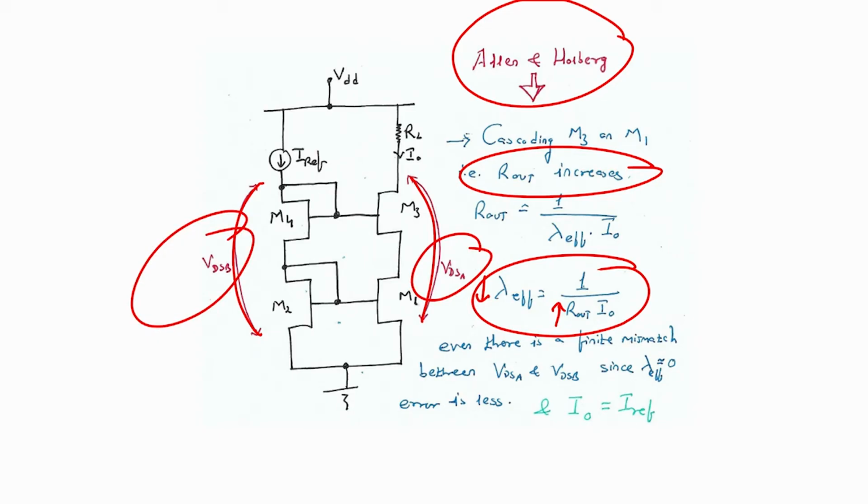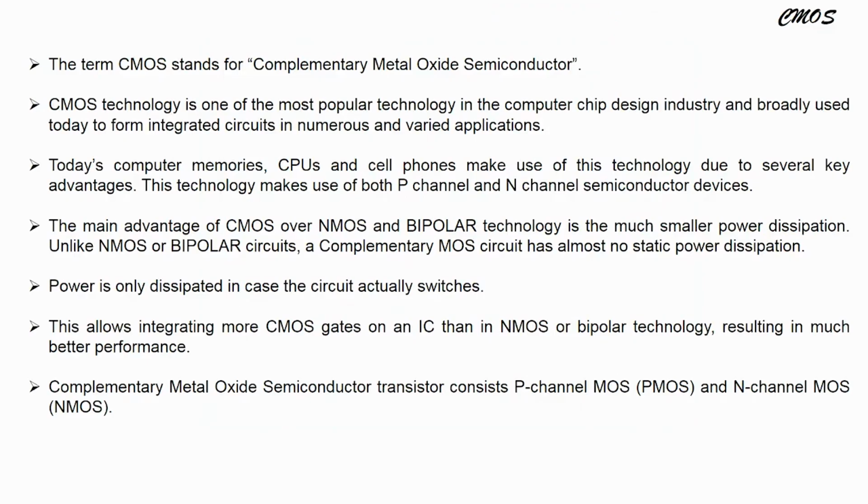That means Allen and Hallberg proposed that the errors generated in the simplest current mirror circuits can be reduced by using cascoded current mirrors, all right.